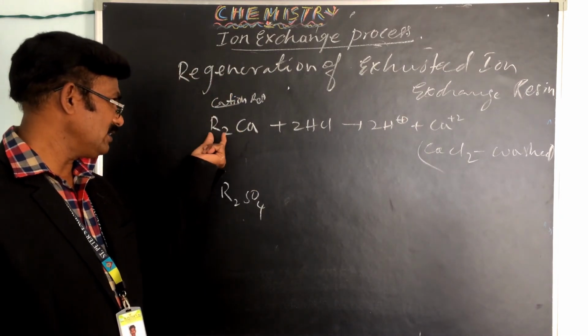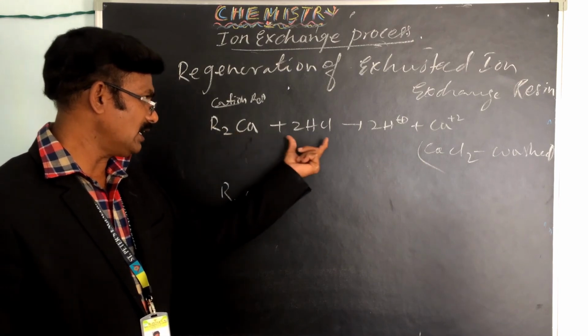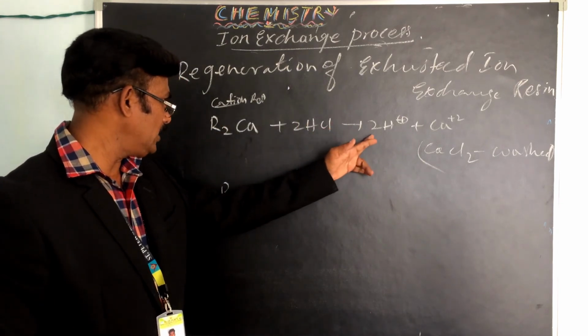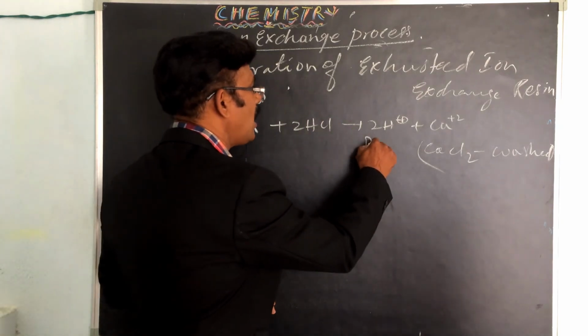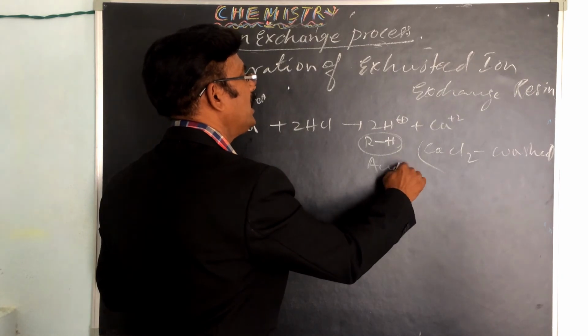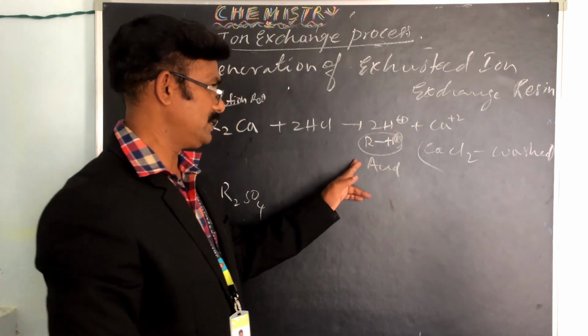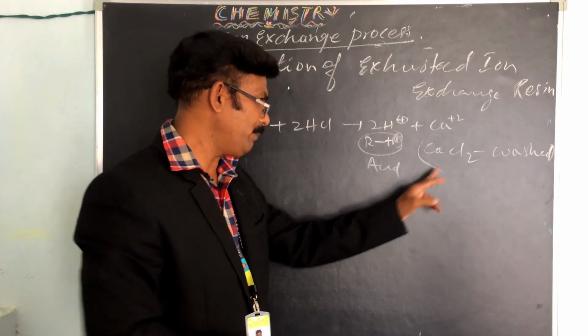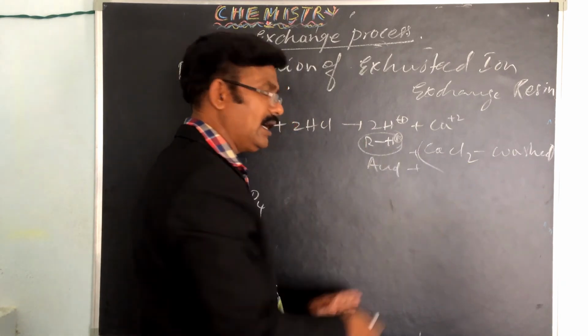So the resin containing R2Ca is treated with the dilute HCl, then what happened? Calcium is removed and 2H plus forms RH, the acid resin, again. Here Ca reacts with the Cl minus and calcium chloride is washed out.